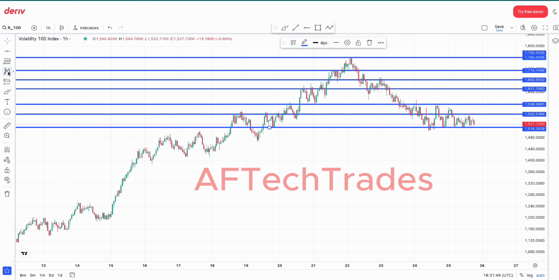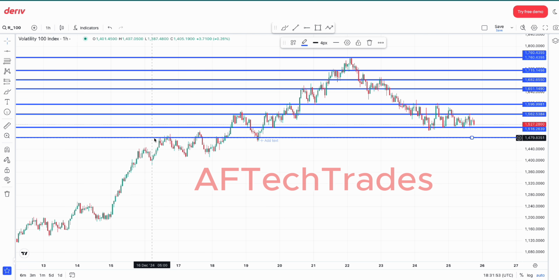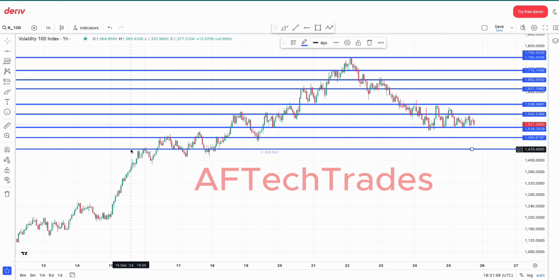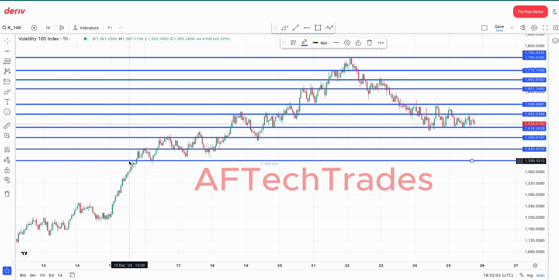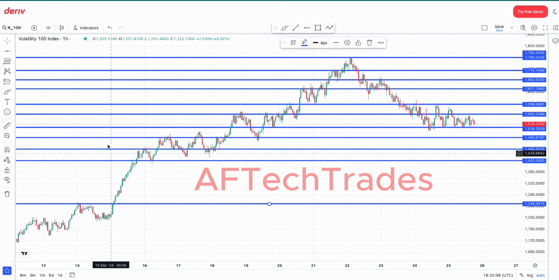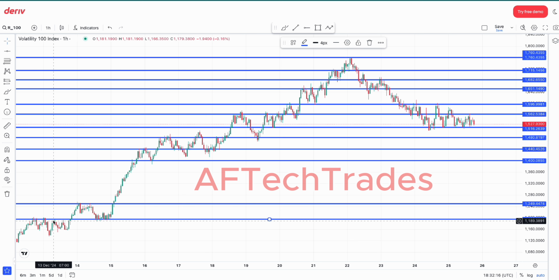So what you do is keep marking as much as you can. Just mark each zone as much as you can. Each place the market reacts, mark it. Mark here because you can see the market reacts around this zone.